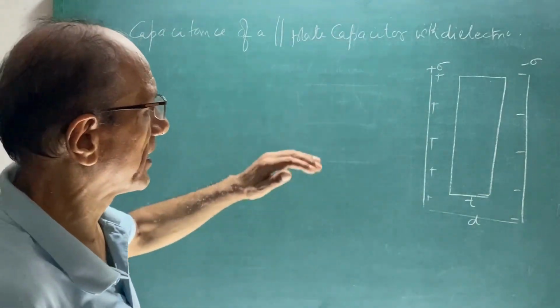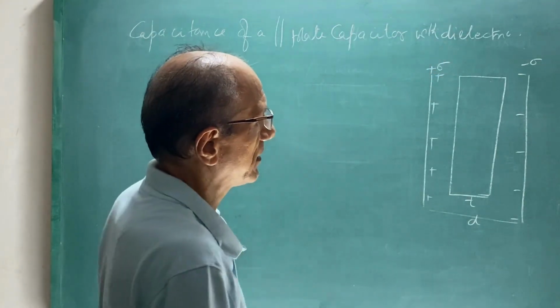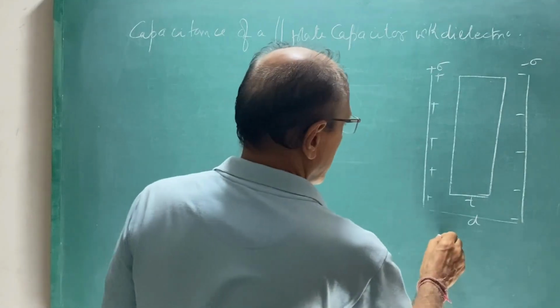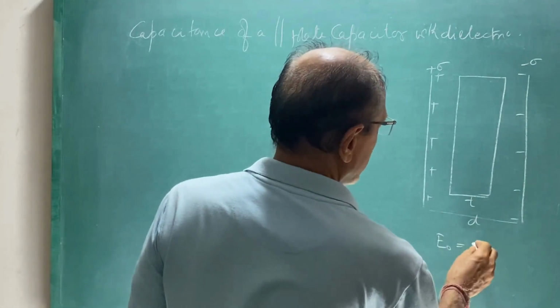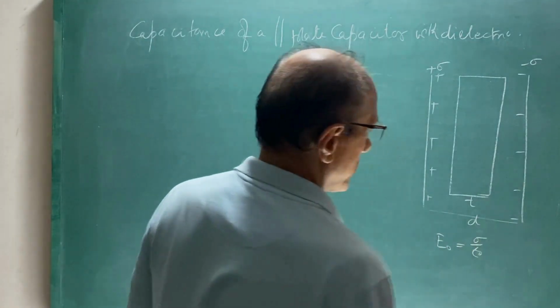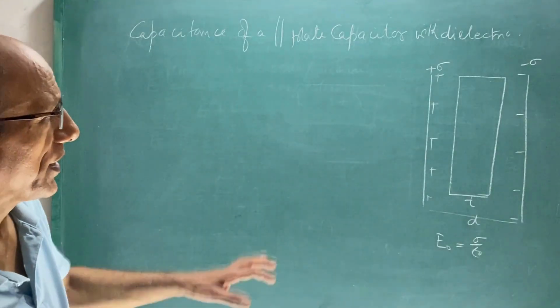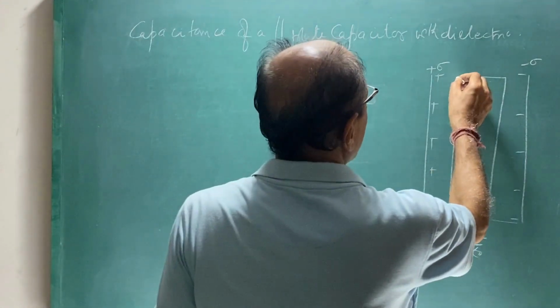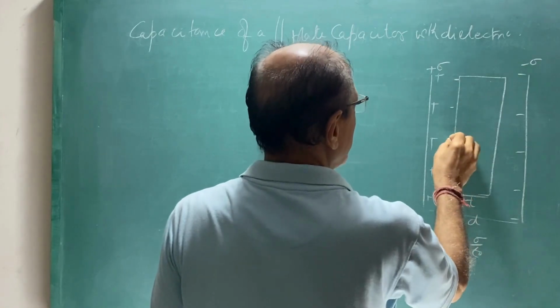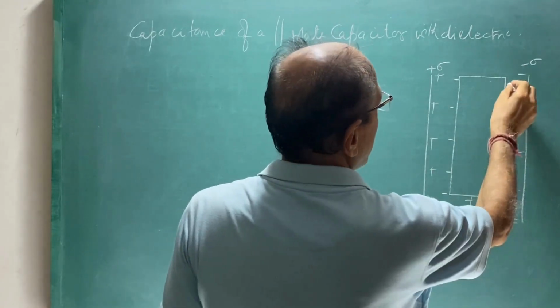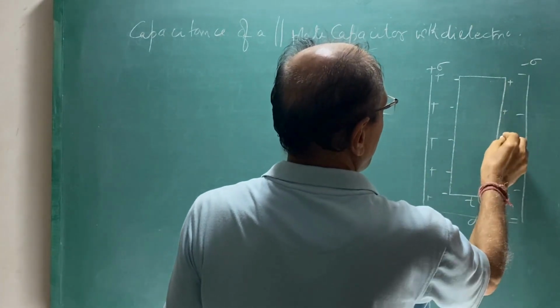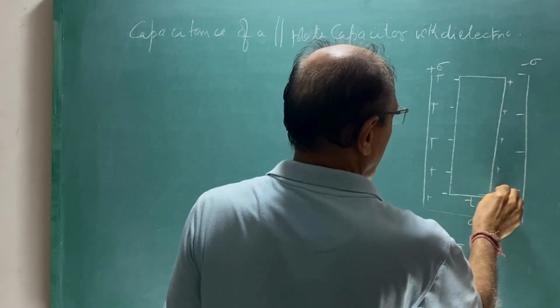What will happen? Initially, the electric field between the plates was sigma by epsilon naught. Due to polarization, here the negative charge will get induced and here the positive, as I explained earlier.